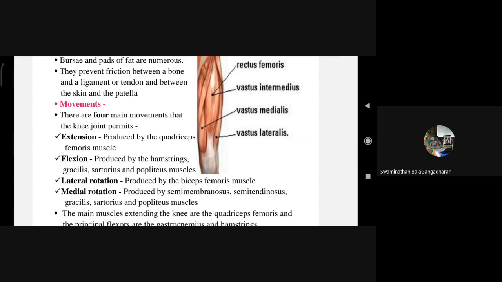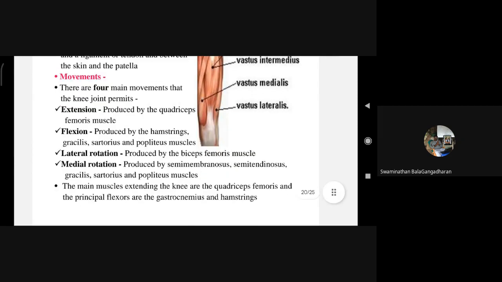So if we are rotating our right leg to the right side, then it is going away from the midline. And if we are rotating our right leg to the left side, then it is medial rotation. Right? Are these clear? Okay.